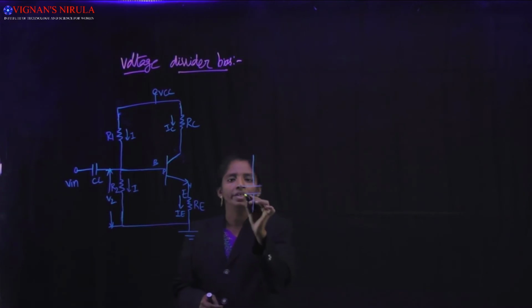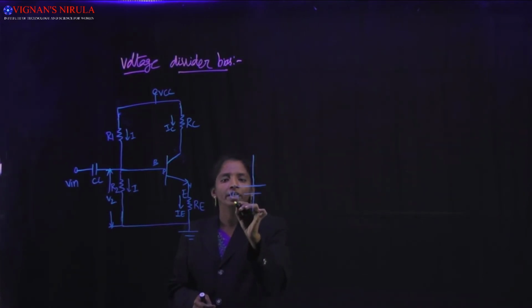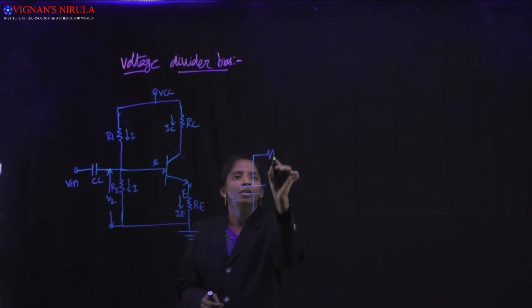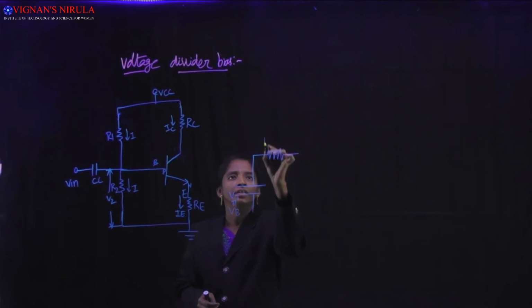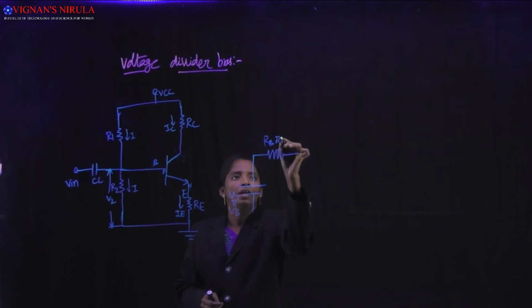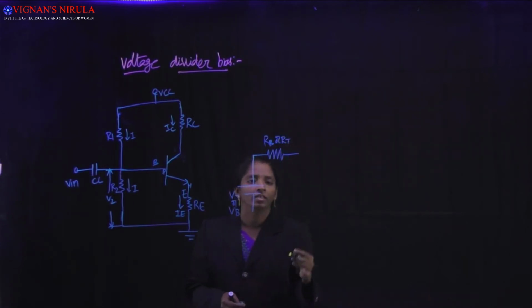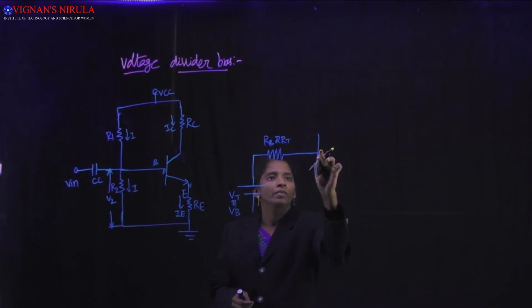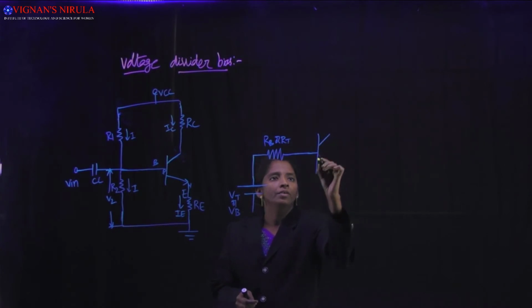In it, the total voltage VT can also be represented with VB, and the series equivalent resistance is represented with RB or RT, total resistance. This is connected to the base of the transistor.